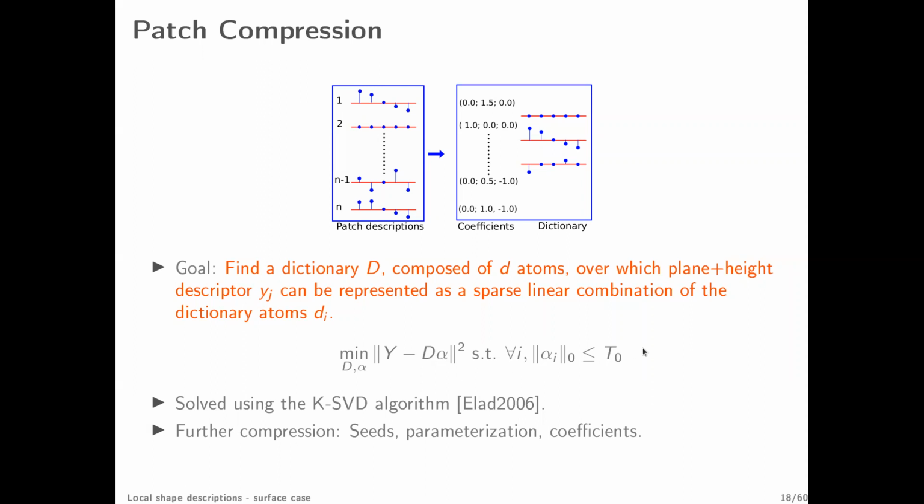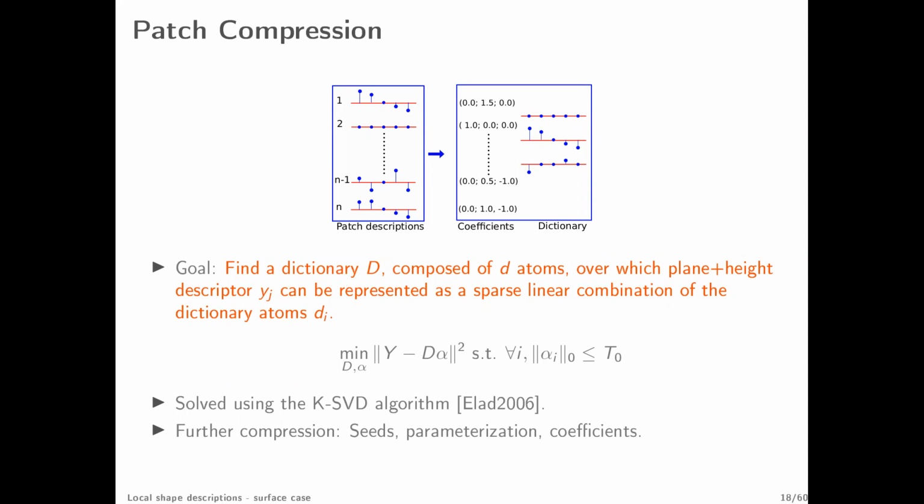This is a very hard problem which we cannot really solve, but we have some greedy heuristics to approximate a solution. In particular, we have the KSVD algorithm, which alternates between sparse coding and dictionary update, and manages to find an approximation for this minimization.